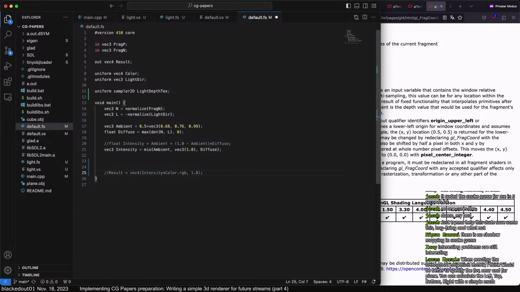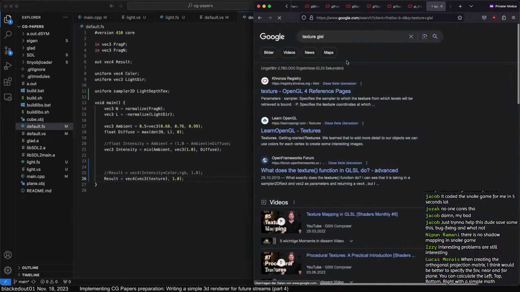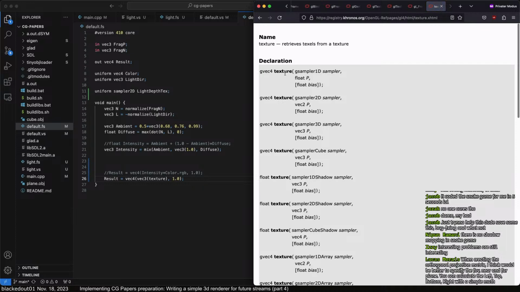So what I will just try is, I want to see if I rendered the texture correctly. So, okay, to sample a texture, we use this function.